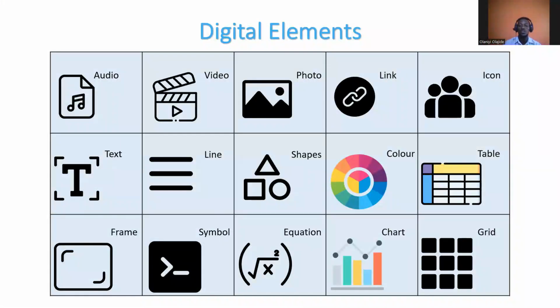So we've exhausted all the digital elements that we have: the audio, the video, the photo or image, the link, the icon, the text, the line, the shapes, the color, the table, frame, symbols, equation, chart, and then of course the grid. So all of these digital elements, it's important that you get familiarized with them.